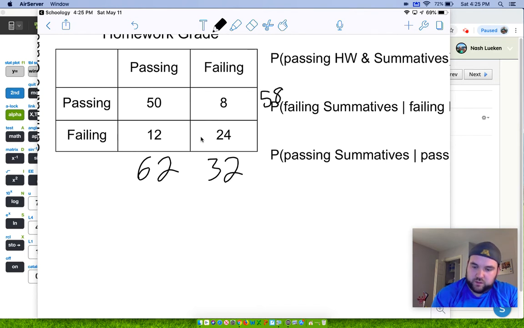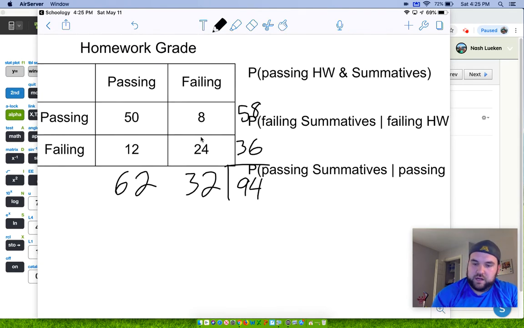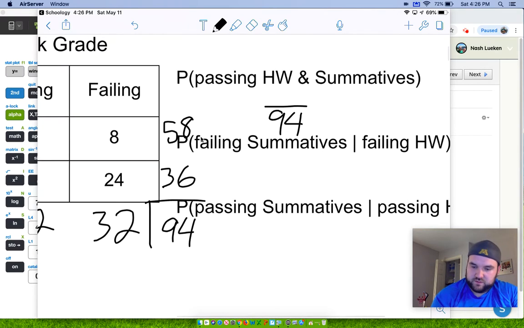So if I make some totals here real quick, 58, 36. Either way, that adds up to what's that, 94? So 94 students total. So out of 94 students, how many are passing both their homework and their summatives? That would be those 50 students, so it's 50 out of 94.